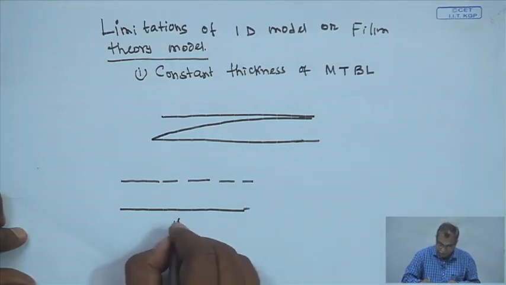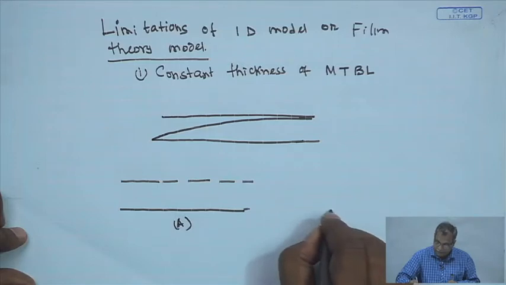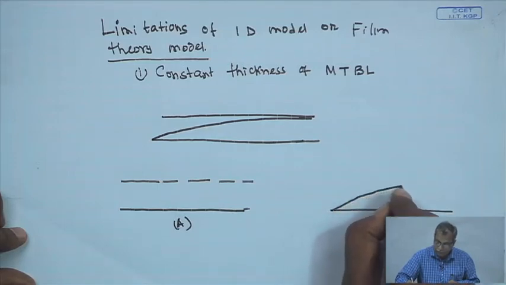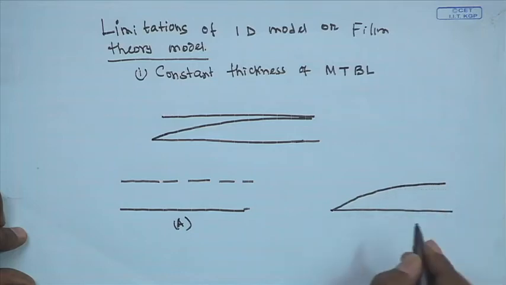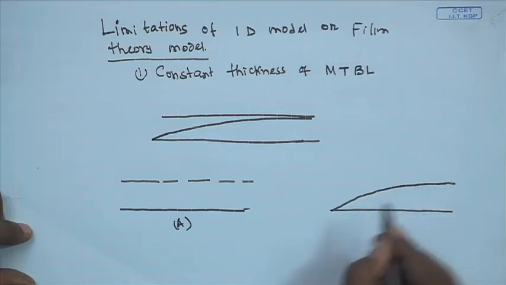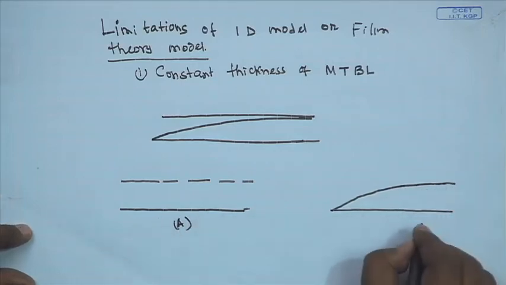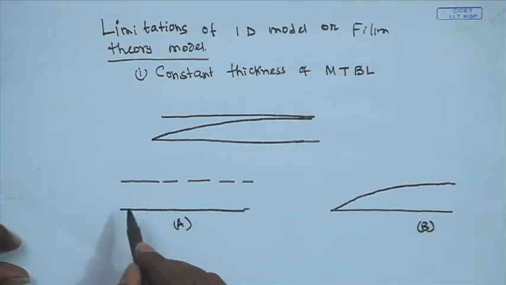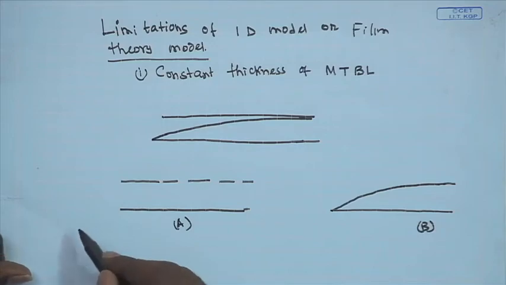This is case A, and in the second case there is a developing mass transfer boundary layer over the membrane surface. As we have seen earlier, the thickness of the mass transfer boundary layer offers a resistance against the solvent flux. So, if the thickness is more, we get less permeate flux.